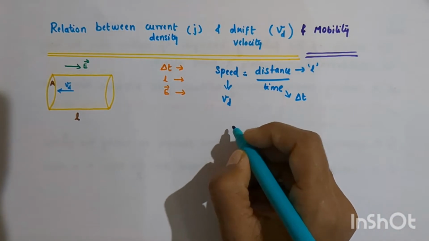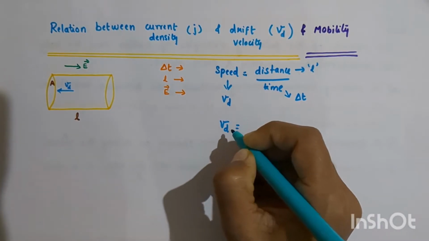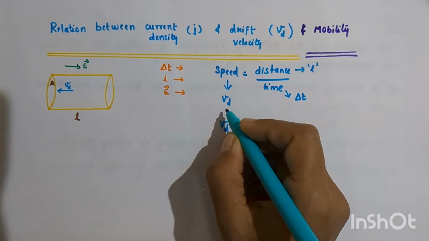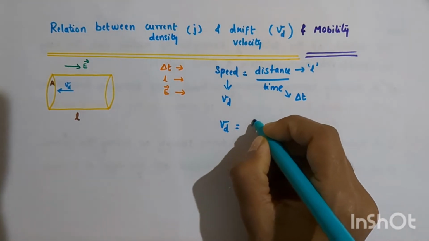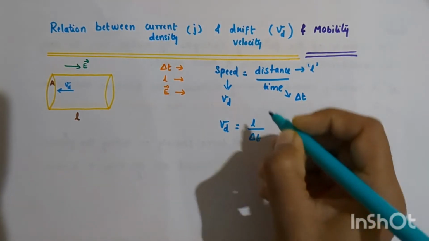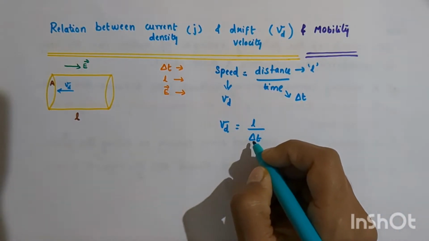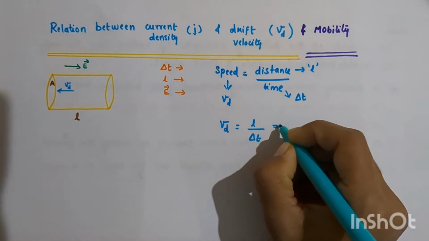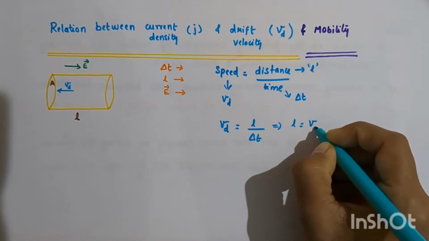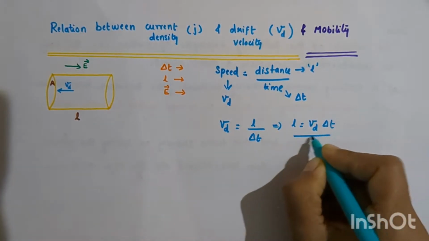So Vd equals L divided by delta t, or velocity equals displacement by time. From this we can write L is equal to Vd into delta t.